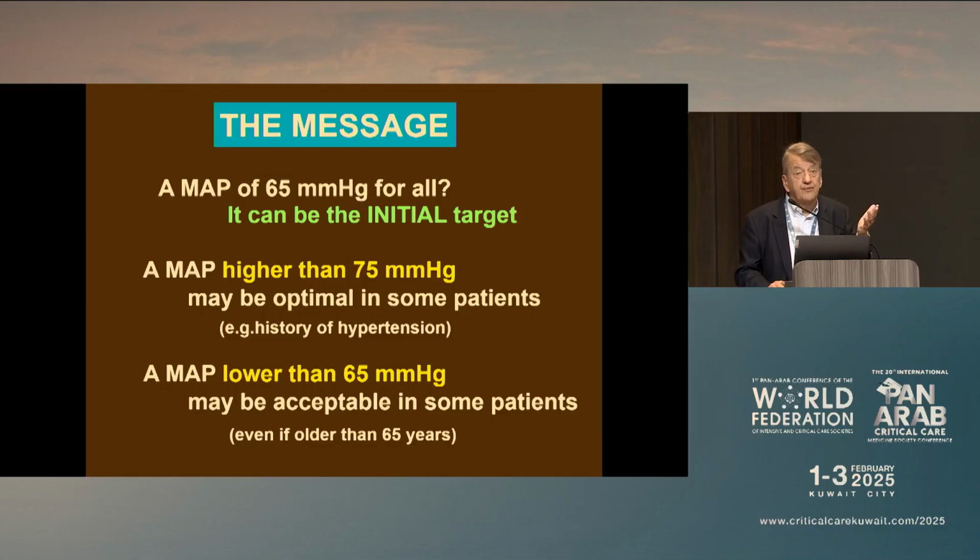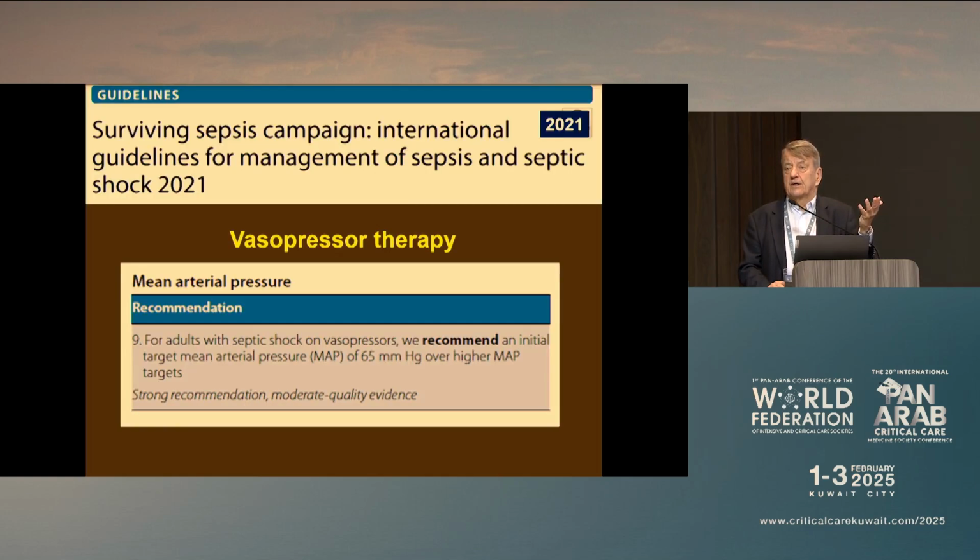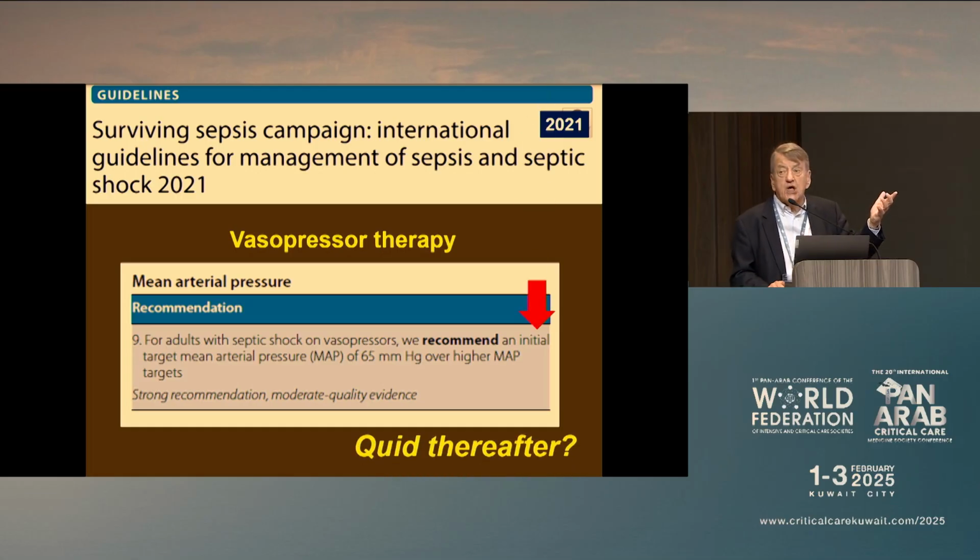This is becoming confusing, right? Well, to some extent, because if you accept that it should be personalized, then it's no longer confusing. Things actually get together very well. So what about our guidelines? Well, our guidelines are not wrong. They say we recommend an initial mean arterial pressure of 65.